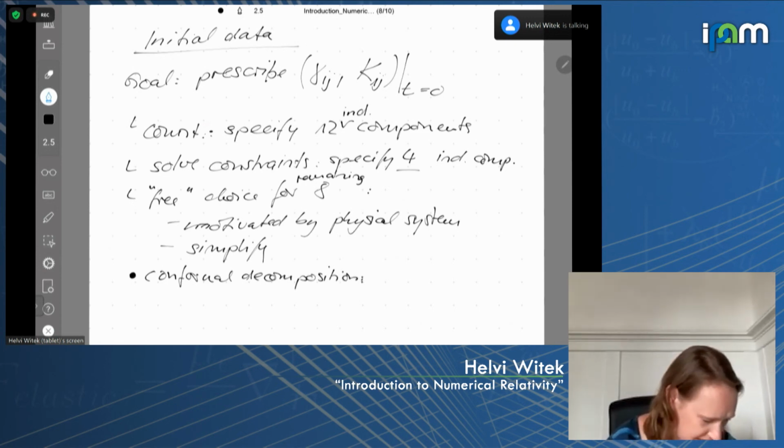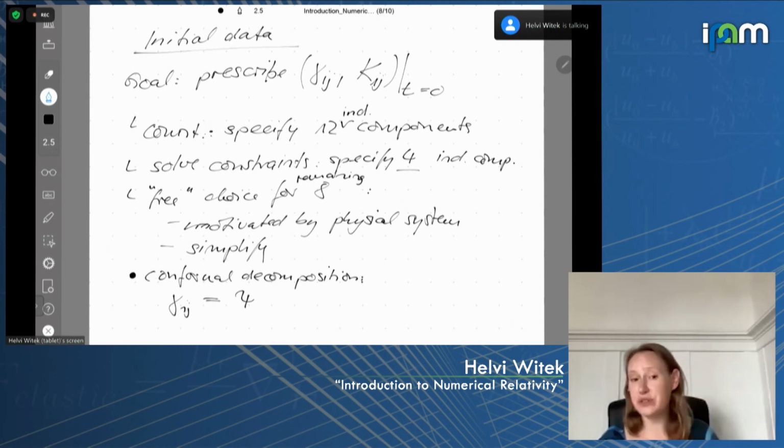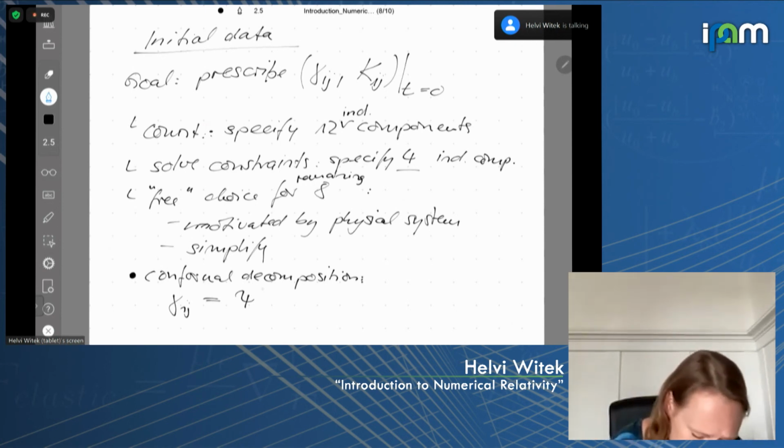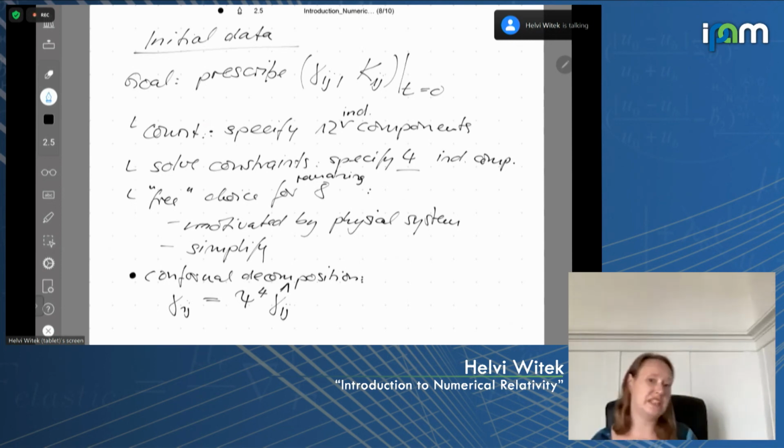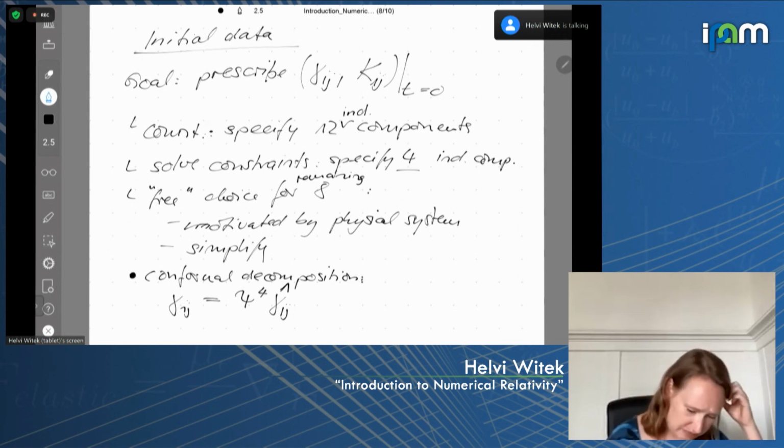We say, okay, let's take our metric, gamma ij, and now decompose it into a conformal factor. Notice that this may be a different conformal factor than we had before in our BSSN formulation, to a power of 4, and let me, to make that very clear, put a hat on the conformal metric here, because it's not necessarily the same conformal metric as we had in the BSSN formulation.